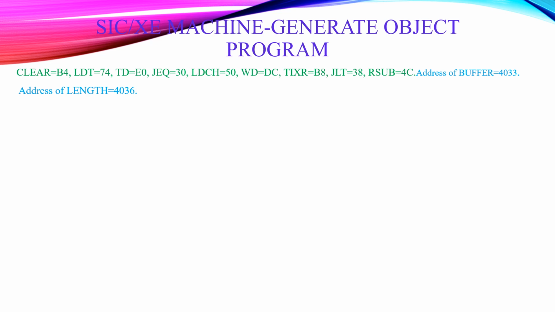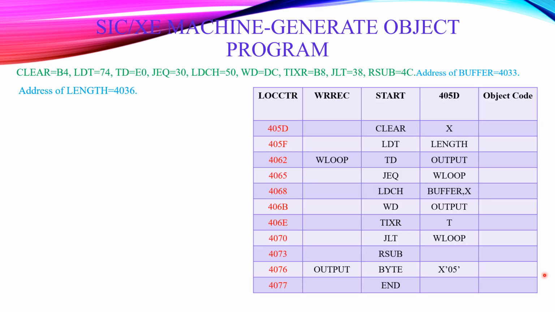Now we'll discuss how to find the location counter for each instruction. This is the given problem. Initially, the first value will always be equal to the value mentioned in the operand of START. So 405D will be the first location counter.